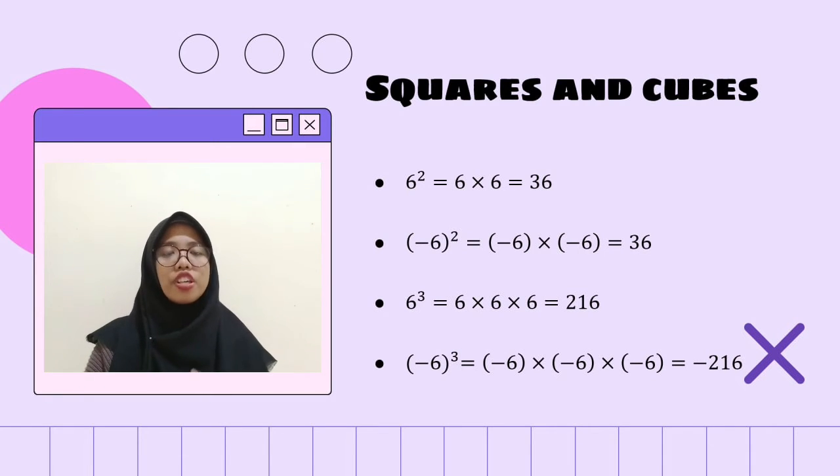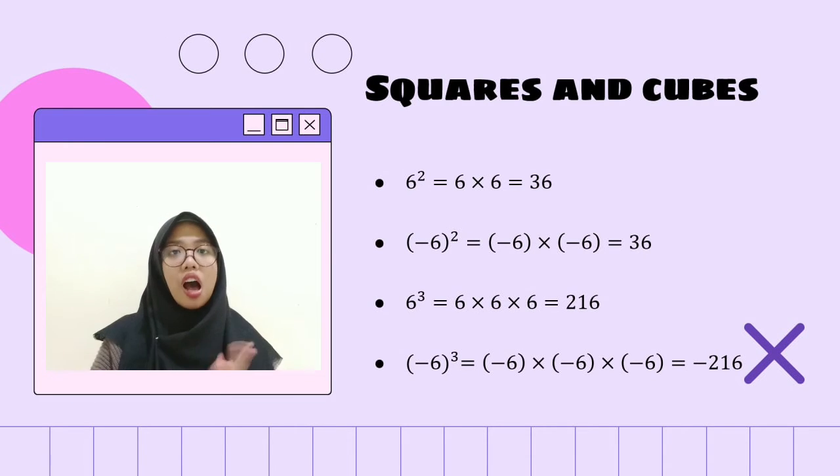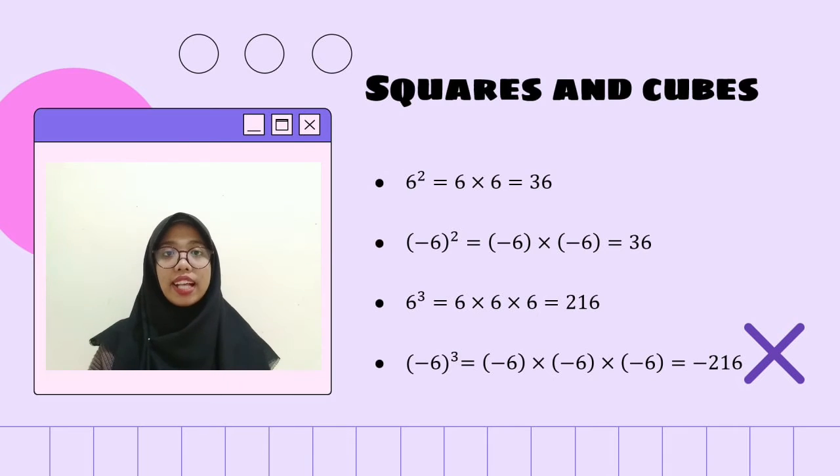Okay, 6 cubed is positive times positives equal positive. How about negative 6 cubed? Okay, negatives times negatives equal positives, but positives times negatives equal negatives. So, negative 6 cubed equals negative 216.